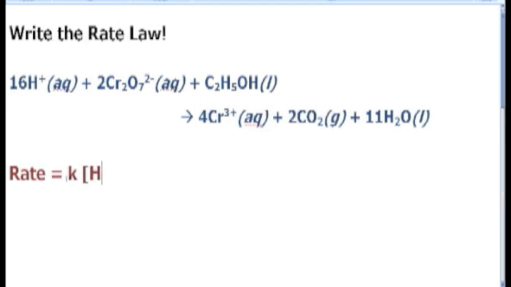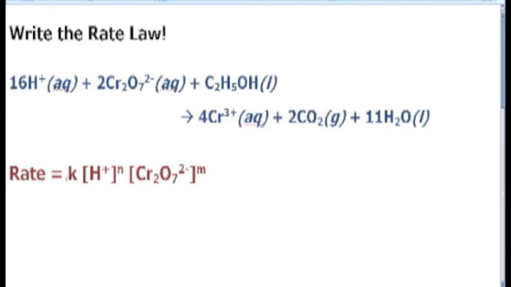We've got H+, and we're going to raise that to the n. Then we have our dichromate, and we're going to raise that to the m.